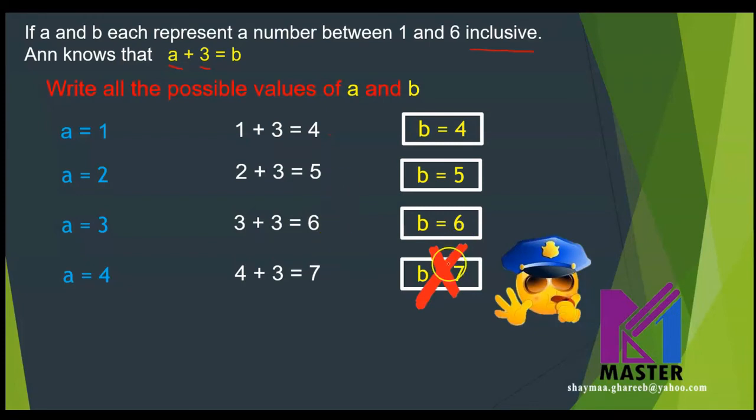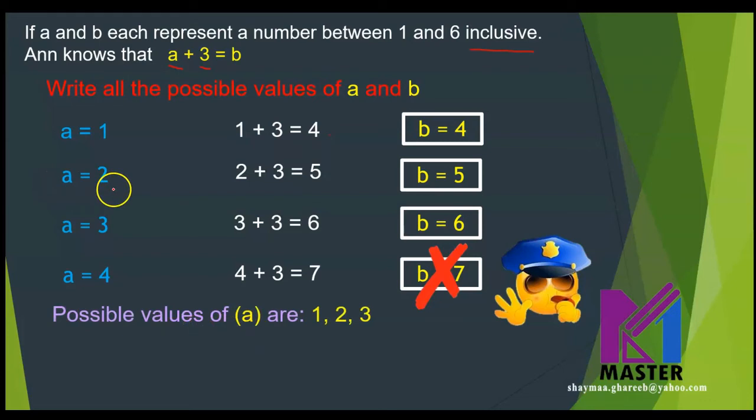So if you get number 7 in the B's, it means that it's not correct or it's not one of the values. Of course, if I tried any number more than 4, I've tried the 5 or the 6, it will give me a number that is greater than 6, so it will not be one of the possible values. So now, can you guess the possible values of A?